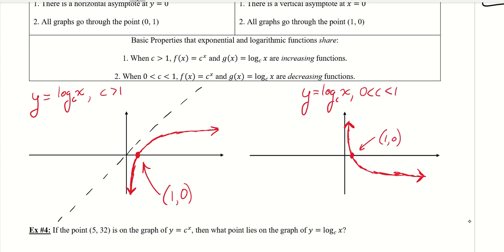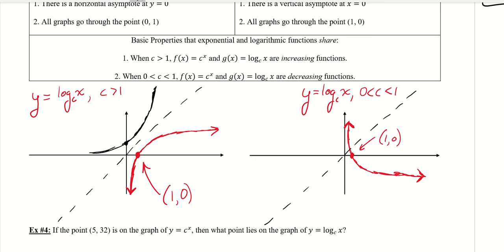if you look at their graphs, are essentially transformations that you can describe as reflections about the line y equals x. So here, if I wanted to draw the exponential function that would correspond to this particular logarithmic function, what would the inverse of this function look like? Well, it would just look like an increasing exponential function. So here we have an increasing exponential function.